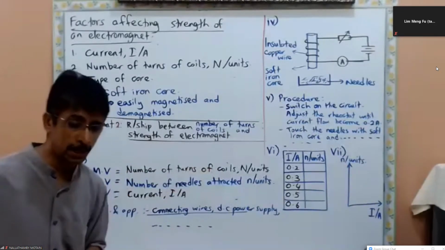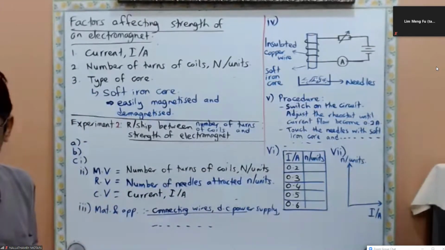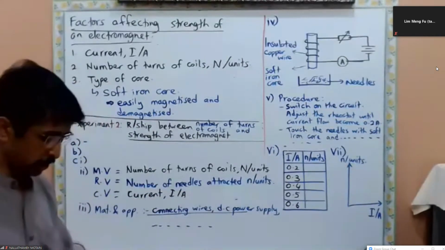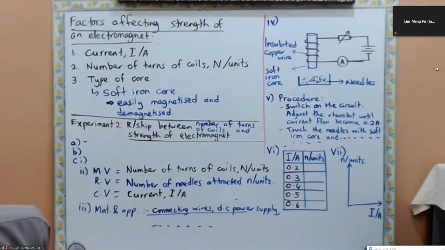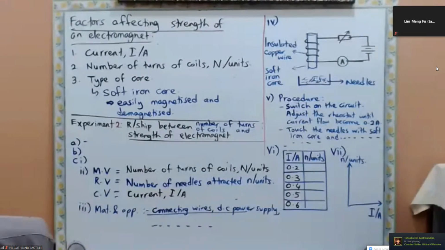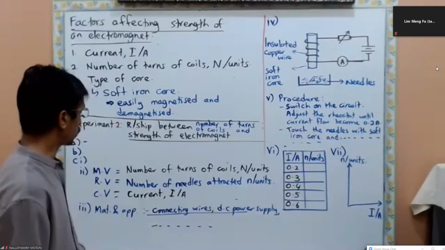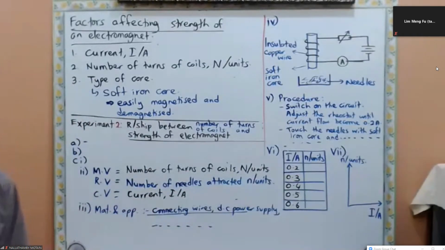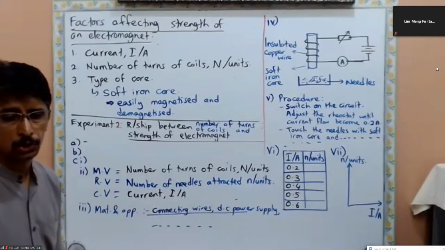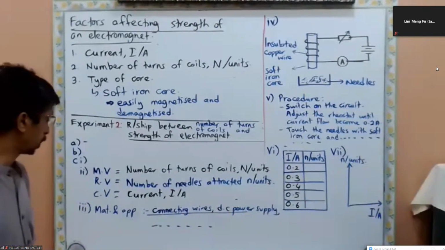When the number of turns of coils increases, the number of needles attracted also increases. For C1, when the number of turns of coils increases, the number of needles attracted also increases.